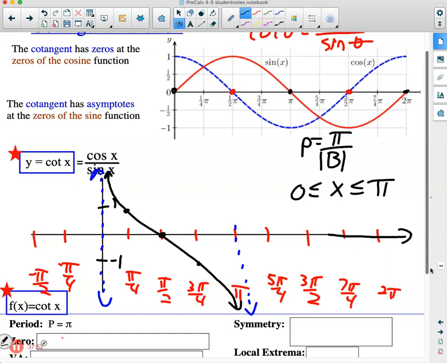Usually we like to graph 2 of them, 2 curves. And you just copy and paste.